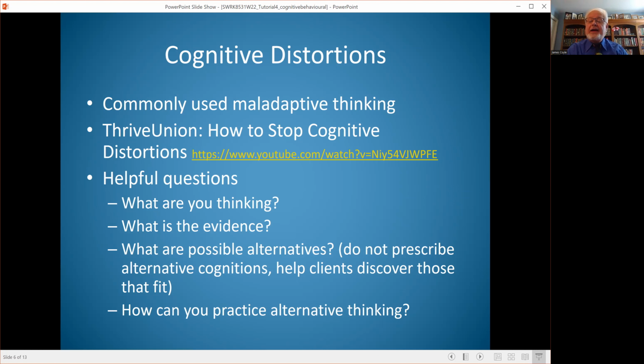Have them describe it rather than you coming up with an alternative way of thinking. Help them discover it. And how do you practice that alternative thinking? Help them begin to say, okay, what makes sense? Because it has to make sense for them in order for it to work. So that's a really helpful way of addressing cognitive distortions.